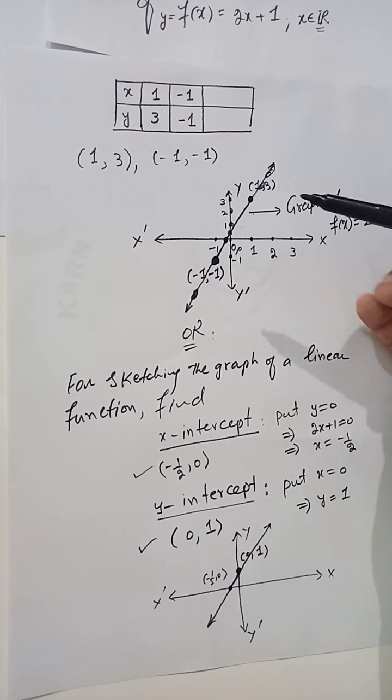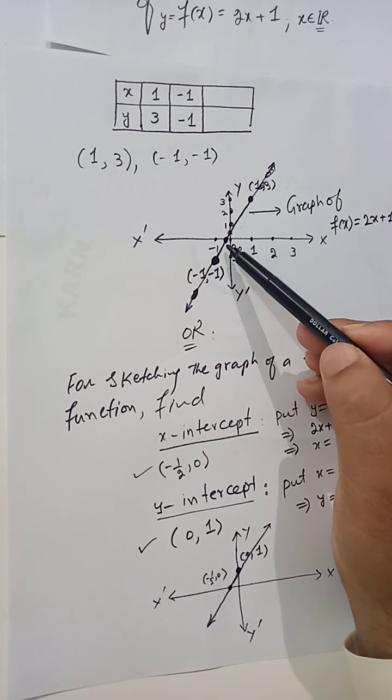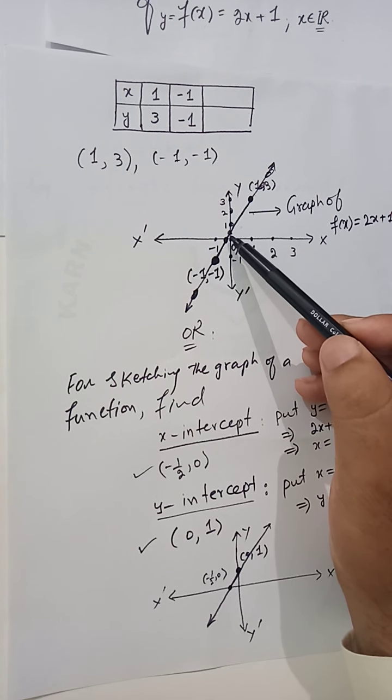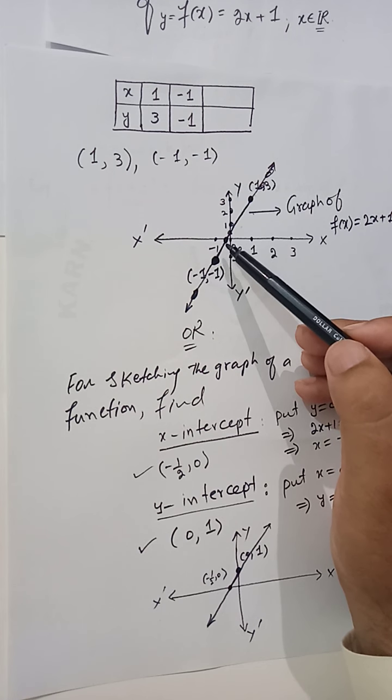So if you mention the ordered pairs for those points, it will be more accurate, because in this case there is some ambiguity about which point on the x-axis and on the y-axis the graph is passing through.